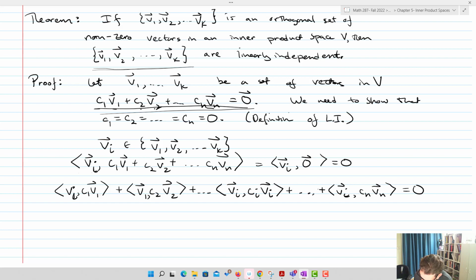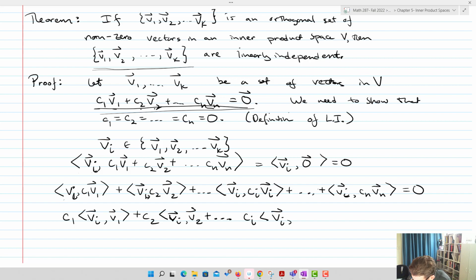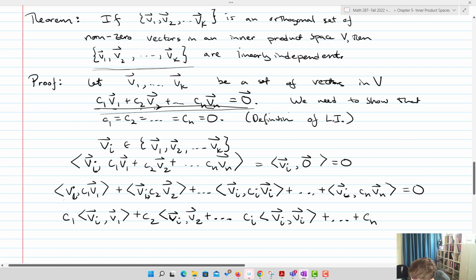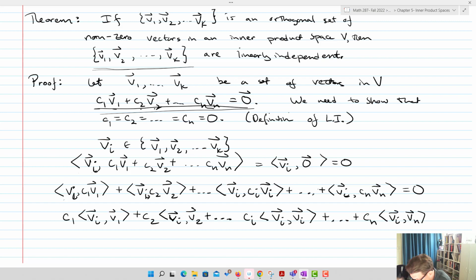So now we pull out the scalars: c1 times vi dot v1, plus c2 times vi dot v2, plus ... plus ci times vi dot vi, plus ... plus cn times vi dot vn, and that equals 0.